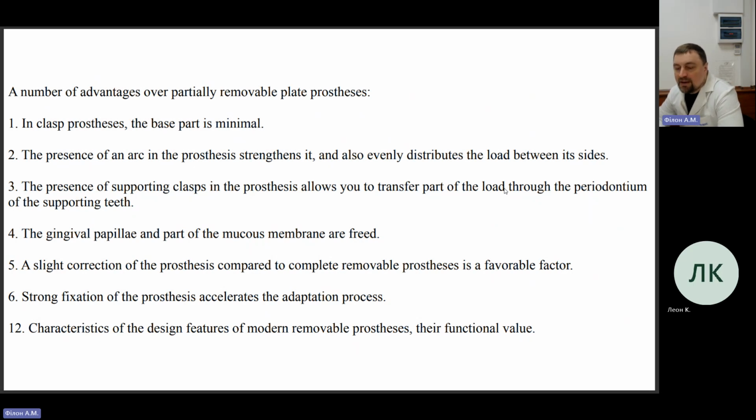The gingival papillae and part of the mucous membrane are freed. There is slight correction of the prosthetics compared to complete removable prosthetics with deformable fracture. Strong fixation accelerates the adaptation process, reflecting the design features and functional value of modern removable prosthetics.